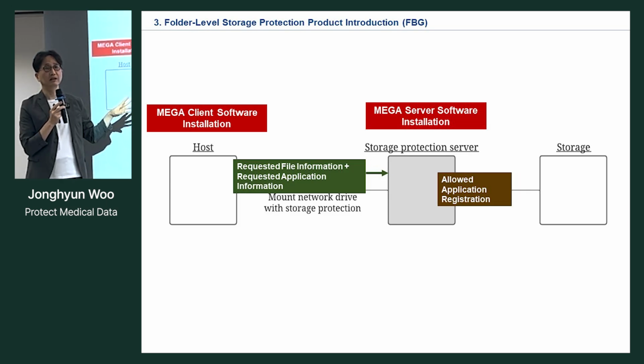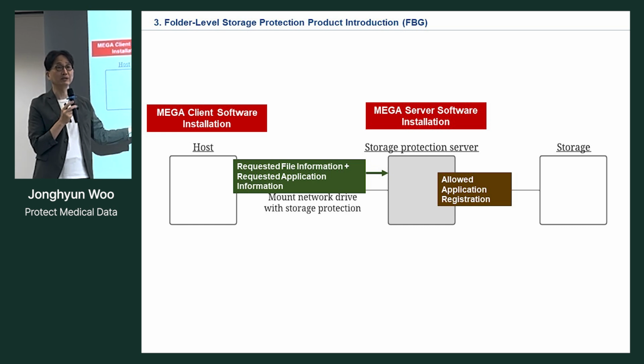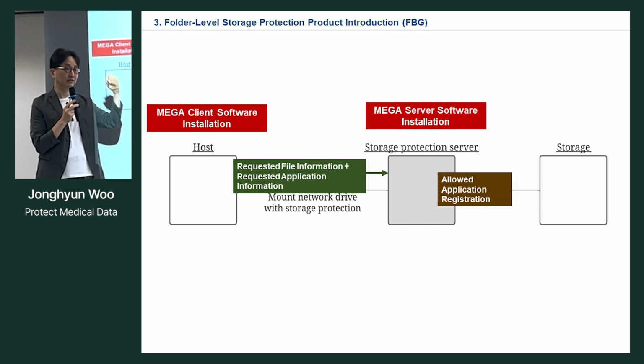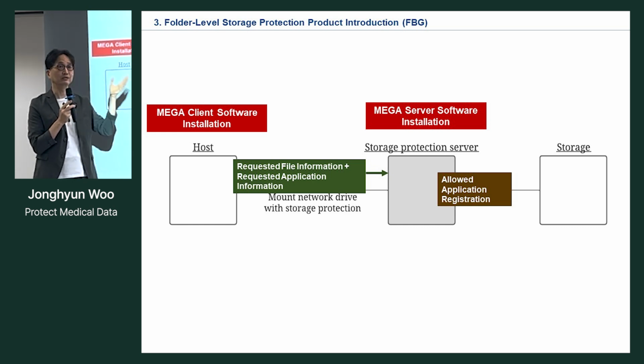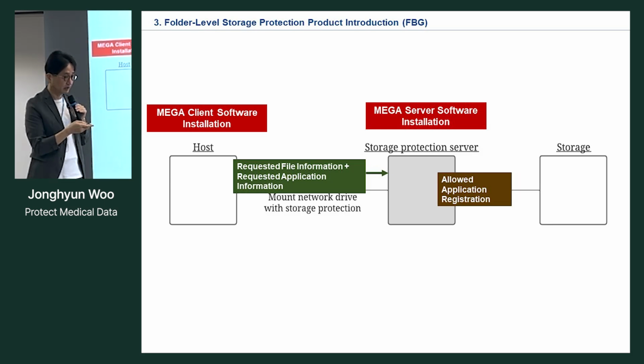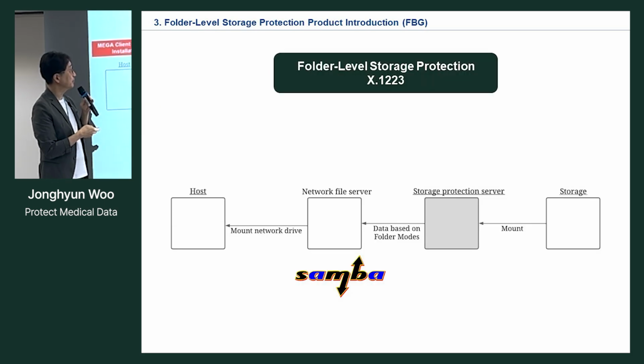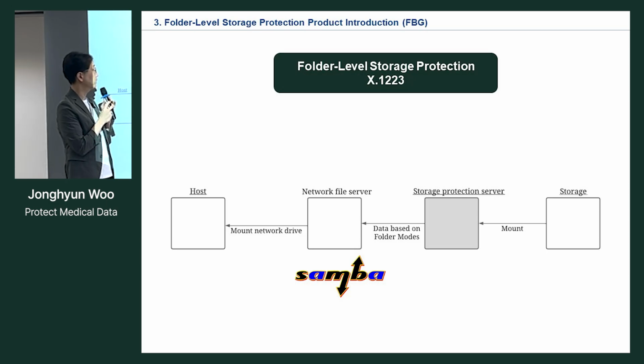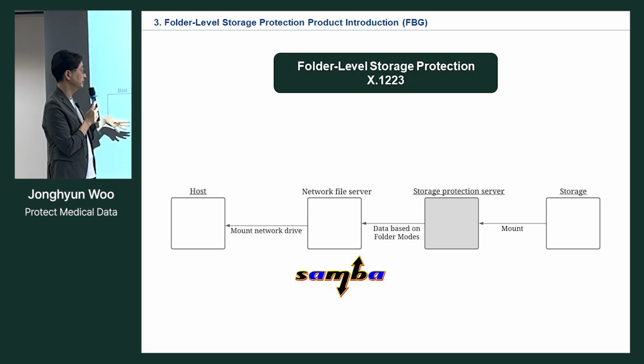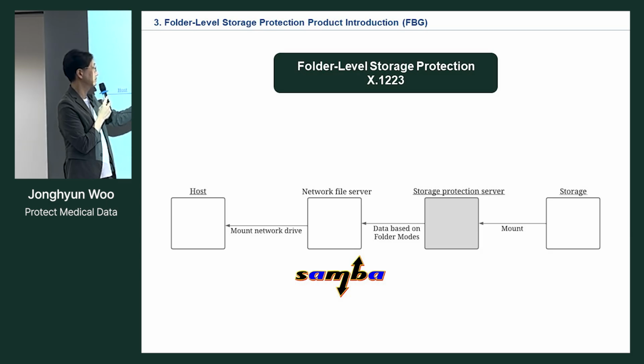As a security admin, we recommend installing the client application, but if the operational admin does not accept that, we don't have any chance to provide the right technology. So to overcome that matter, we made another international standard, named folder level storage protection.